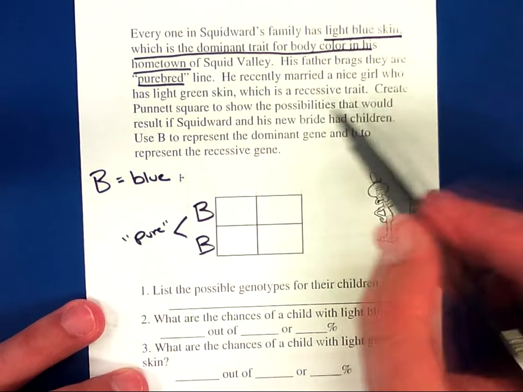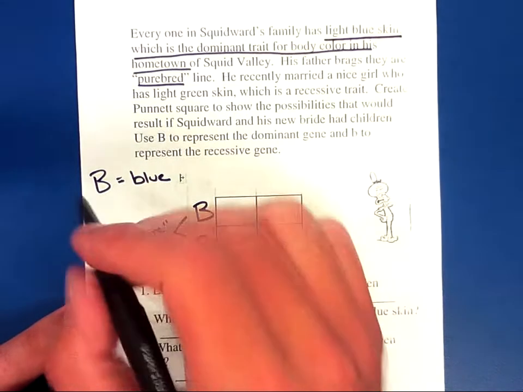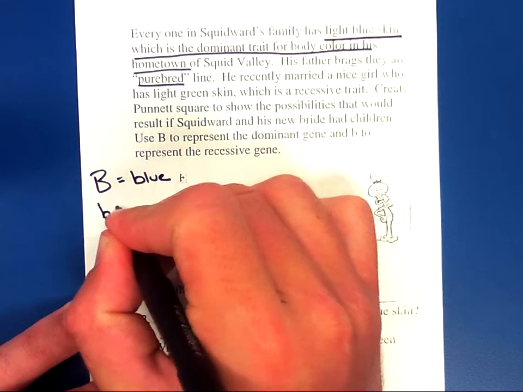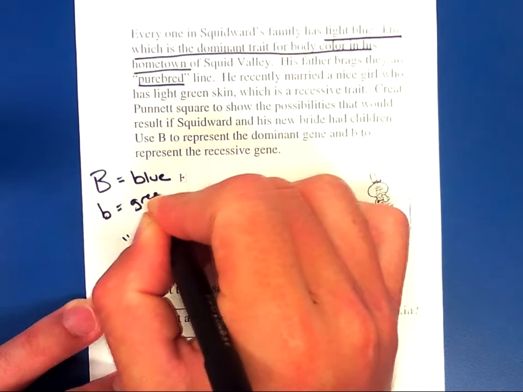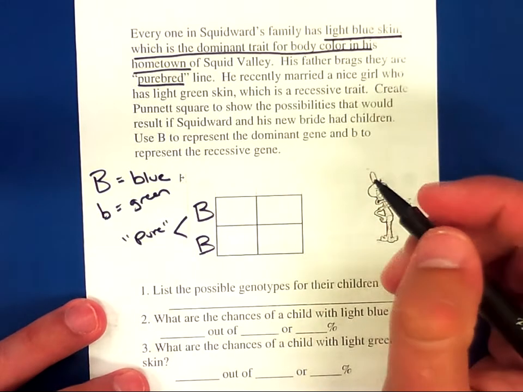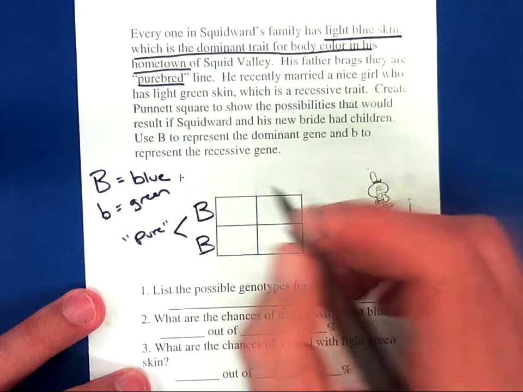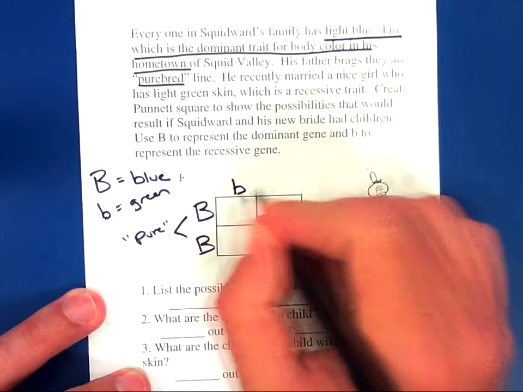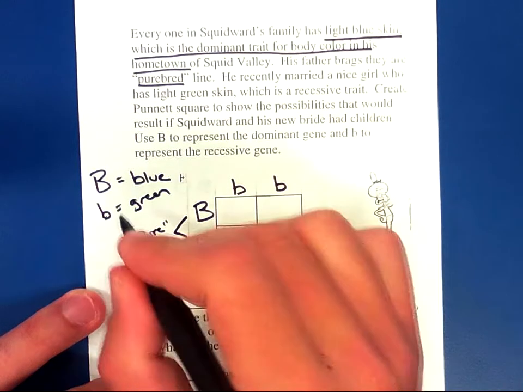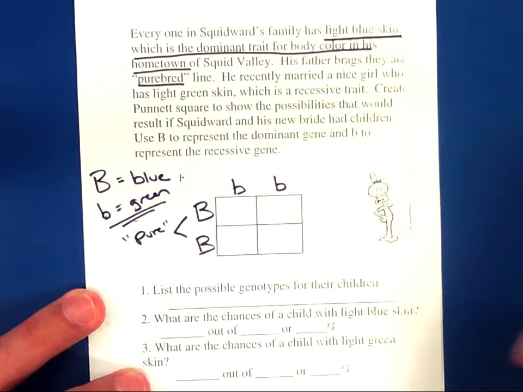He recently married a nice girl who had light green skin, which is a recessive trait. So, lowercase b will equal green. If she is green, what is her genotype? Homozygous recessive. Because in order for her to show up green skin, she has to only have recessive traits for green skin.